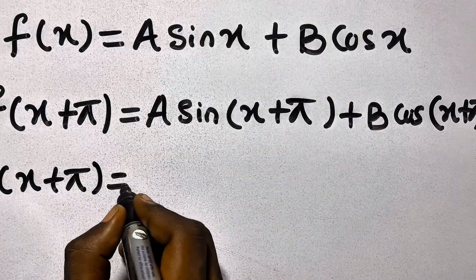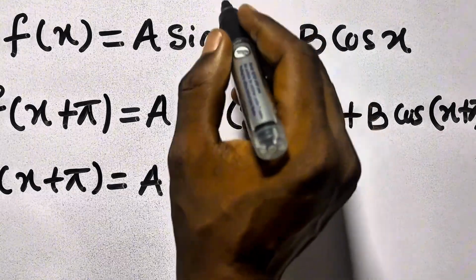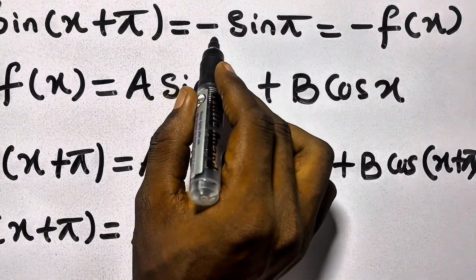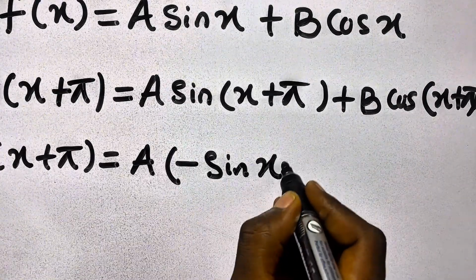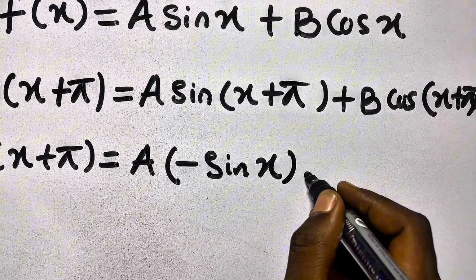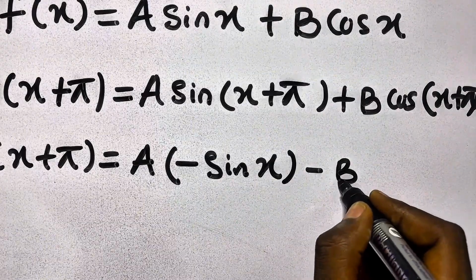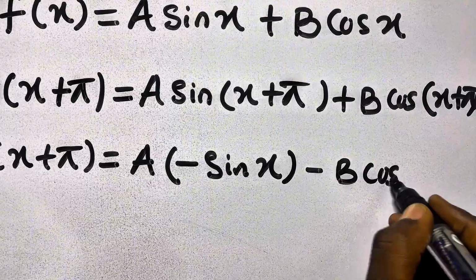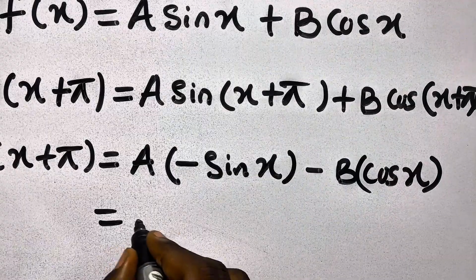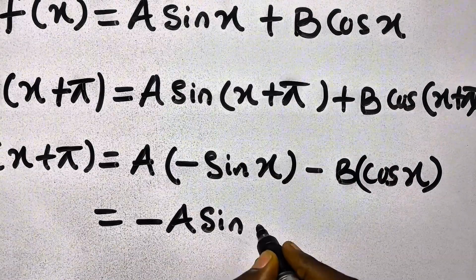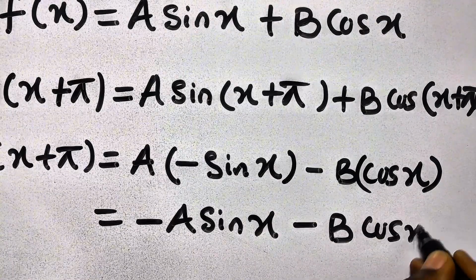equals a times this expression. Don't forget, from the above, we've let it to be, we have what? Minus sine x. So we have minus sine x, right? So here and here we have minus b, so this is cos, let's put a bracket, cos x. Therefore this will be minus a sine x minus b cos x.